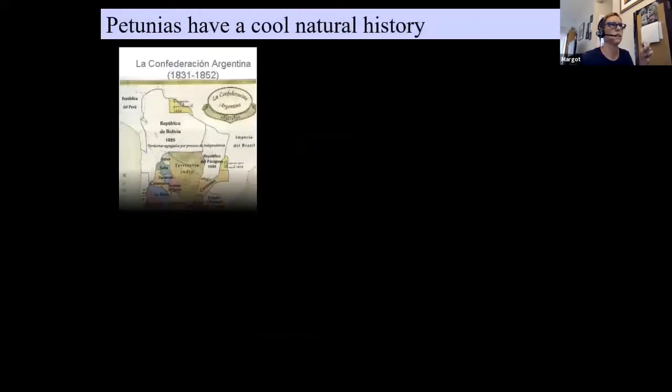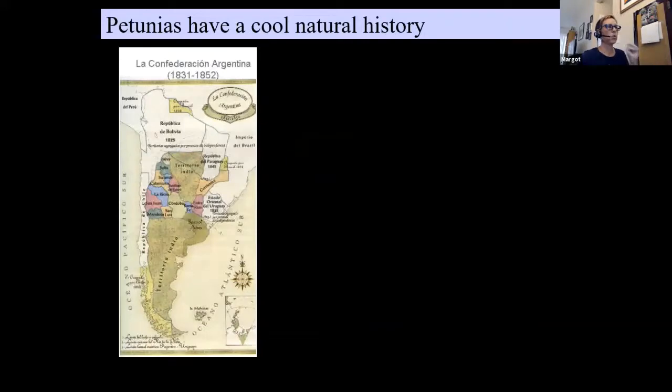Before we get into Petunia late blight, the disease, and what goes on with that, I'm going to take a little detour and talk about petunias because they have a really cool history, actually. So petunias, like many of the members of that family, are native to South and Central America. And petunias in particular tend to be native to like the Argentinian area.